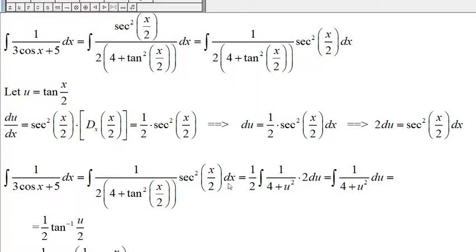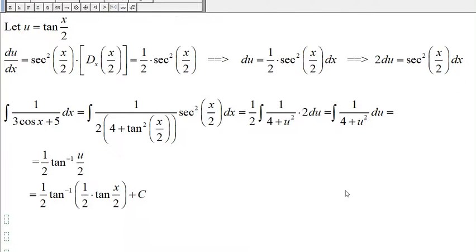Secant squared dx is 2 du. 1/2 times 2 is just 1. So we end up with the integral of 1 over 4 plus u squared du. And then think of this as the form a squared plus u squared. And so to get the antiderivative, we have to use tangent inverse.